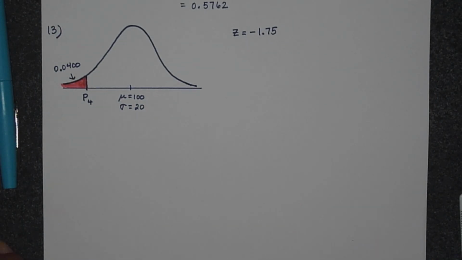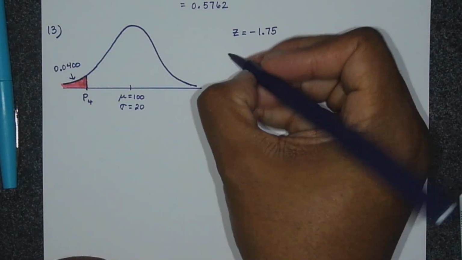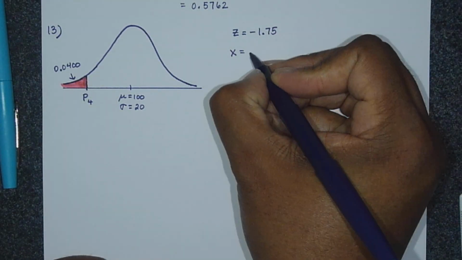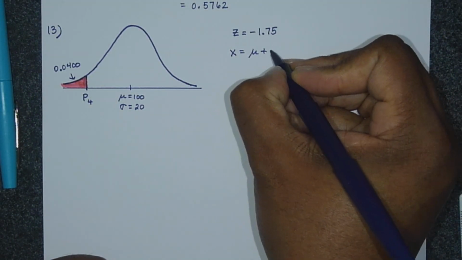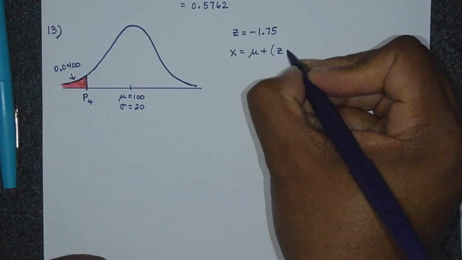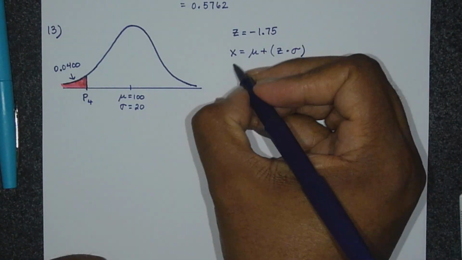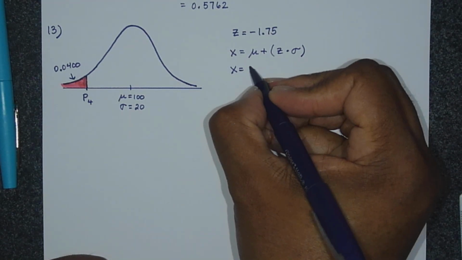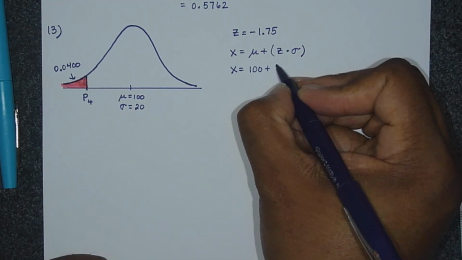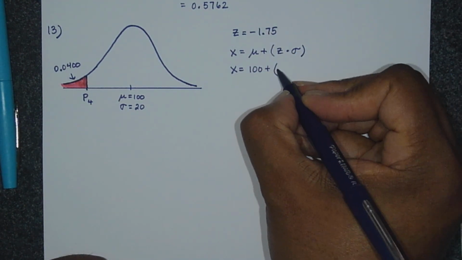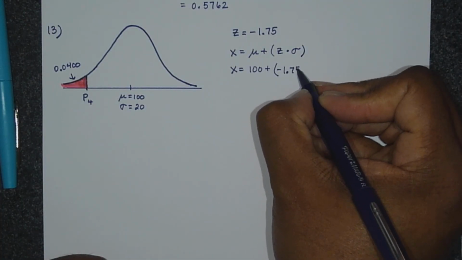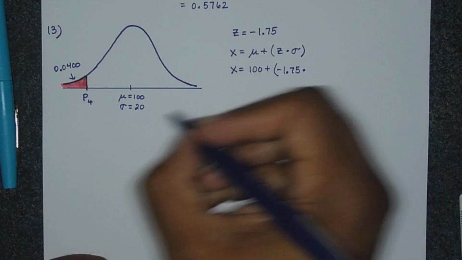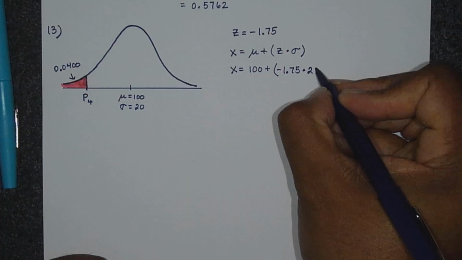Okay. And then to find out what the x value is, we're going to use this. X is equal to mu plus z multiplied by sigma. The mu is your mean, which is given to be 100, plus, we found out what z is, that's negative 1.75, times sigma, that's given to be 20.